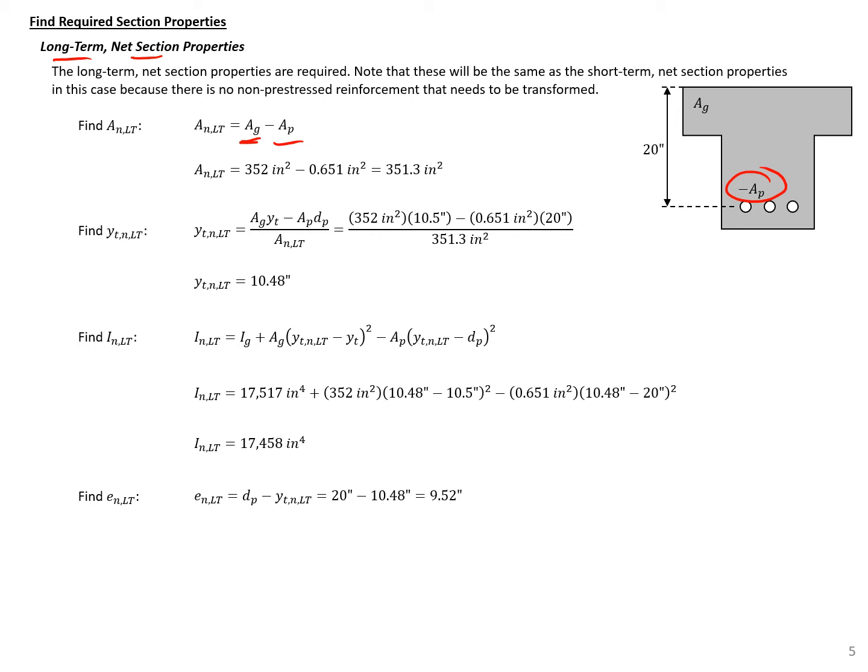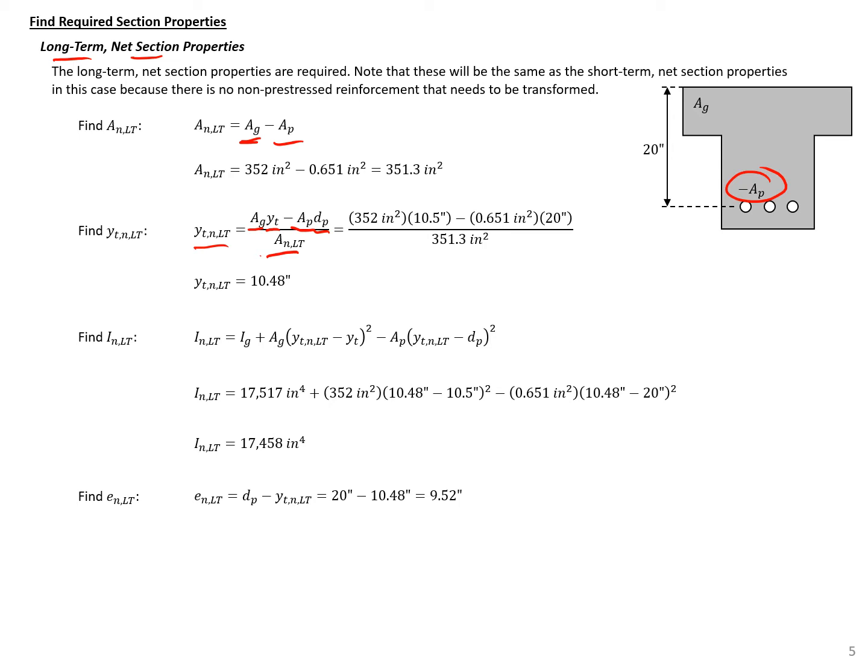We can find the distance from the top to the centroid of our net area the same way that we did before. So gross area times the distance from the top to the centroid of our gross area minus the area of our pre-stressing times the distance from the top of the section to the centroid of our pre-stressing strands, and then divide all that by our net area. Then we can find our moment of inertia the same way that we did before, and our eccentricity the same way that we did before.